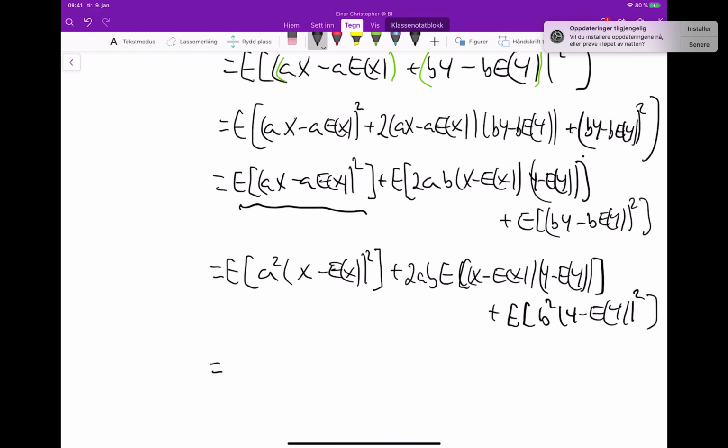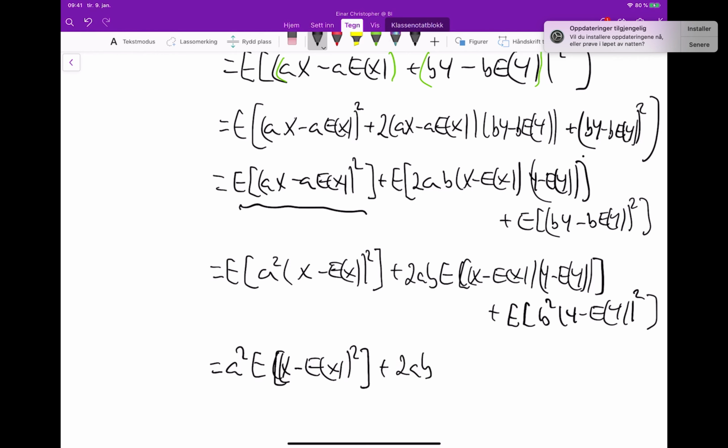So then we have a new constant in this first bracket here, a to the power of 2. I can put it outside the expectation. So I get a to the power of 2, expectation of x minus the expectation of x to the power of 2 plus 2ab.